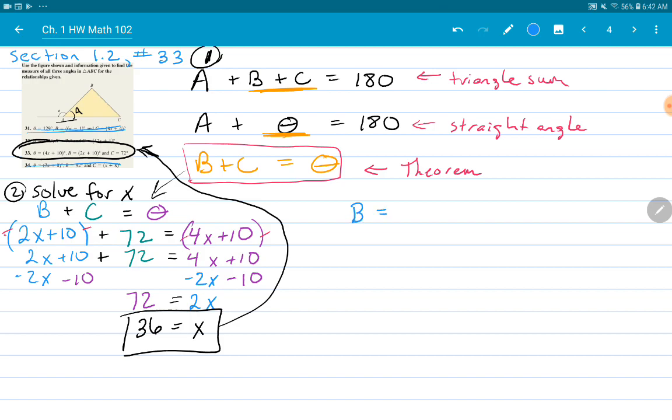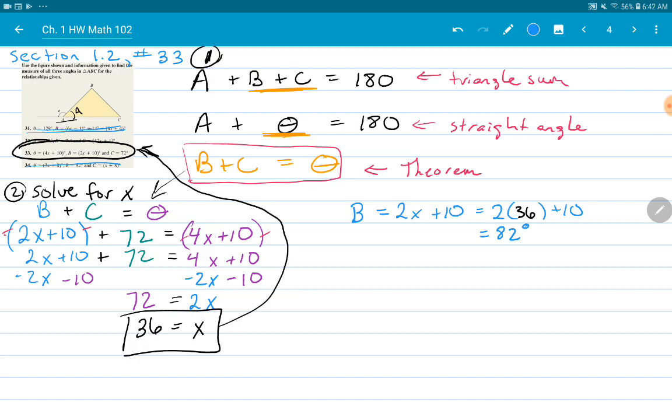For B, I have 2x plus 10, and I have now that x equals 36. So plug in that 36 for x, and that gives me that B equals 72 plus 10, which is 82.